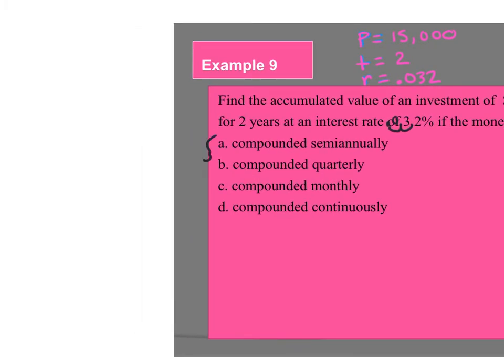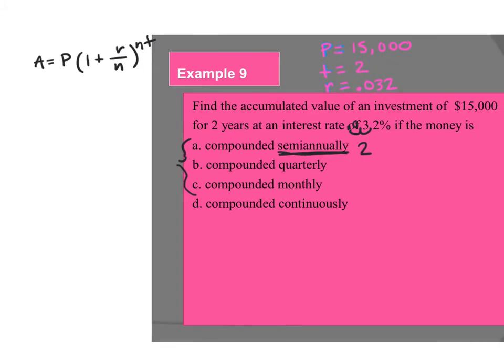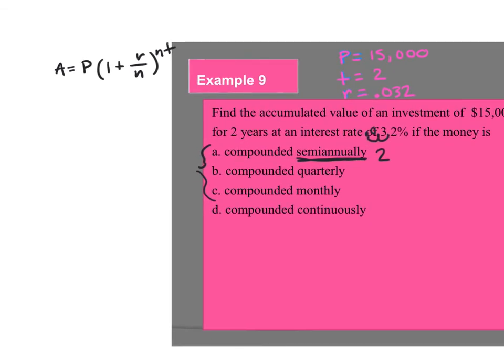So for A, B, and C, we're using our first formula, which is A is equal to P times 1 plus R over N, raised to the power of N times T. How many times a year is semi-annually? Twice. So our N is going to be 2.